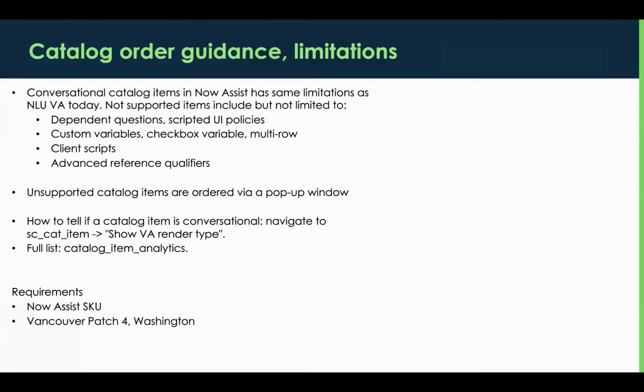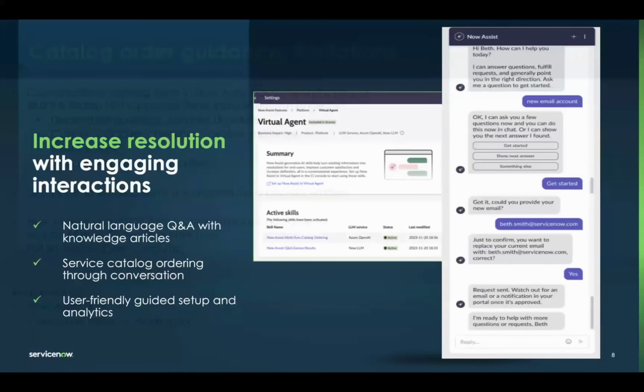Now a deep dive into catalog ordering guidance and limitations. Like I mentioned, conversational catalog ordering in Now Assist has the same limitations as NLU Virtual Agent today. To back up a bit, going back to this screenshot, on the right-hand side, if you have a catalog item for creating a new email account, you can say, I want to request a new email.